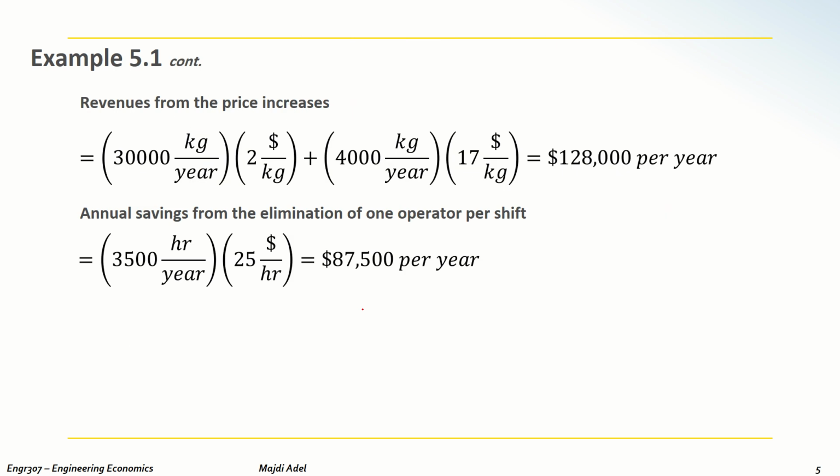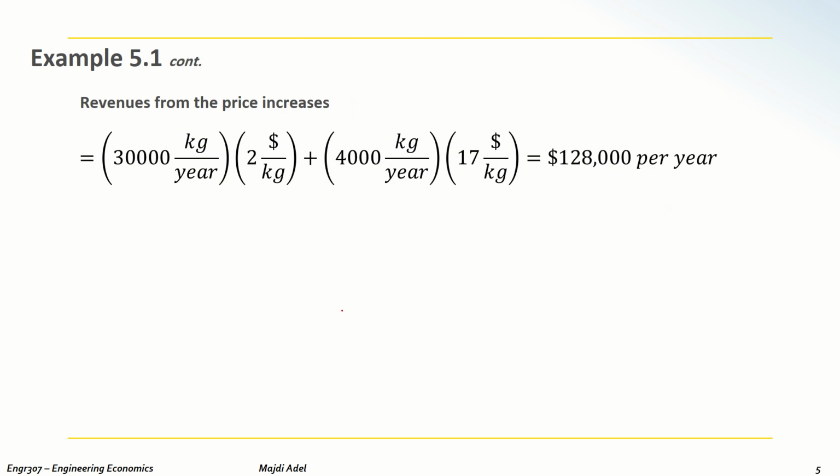So, first, revenue from the price increase: we have 30,000 kilograms multiplied by $2 per kilogram plus 4,000 kilograms sold at a price of $17 per kilogram. So we will have $128,000 per year.